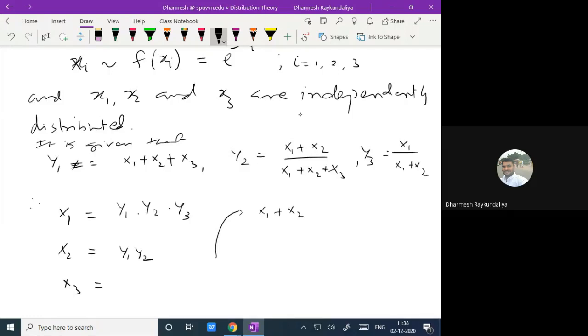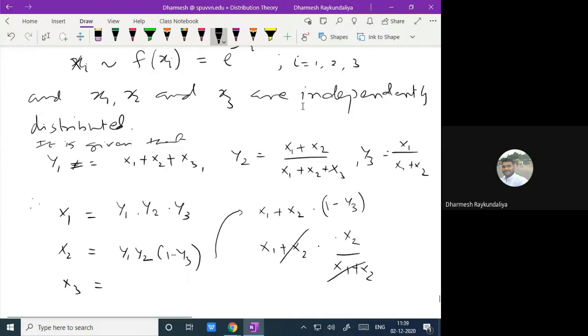And if you multiply with this 1 minus y3, 1 minus y3 is 1 minus x1 upon x1 plus x2. So x1 cancels out, it is x2 upon x1 plus x2. So this cancels out, so you will get x2. So it is y1 into 1 minus y3.